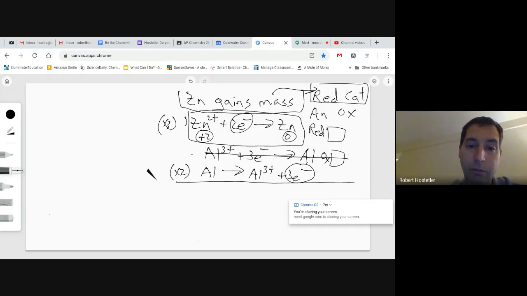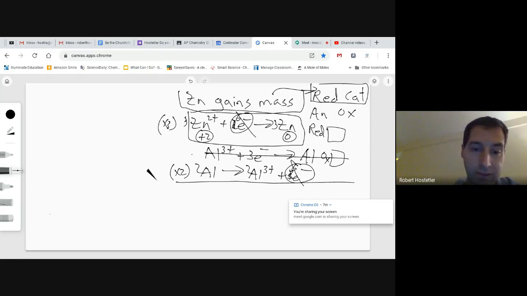Then we'll get 3 and 6 and 3, and down here we'll get 2 and 2 and 6. Now the electrons cancel out and we can just combine these two things together.